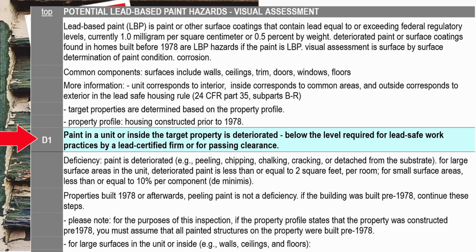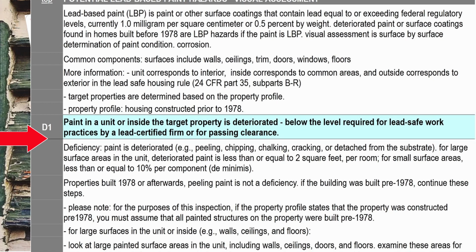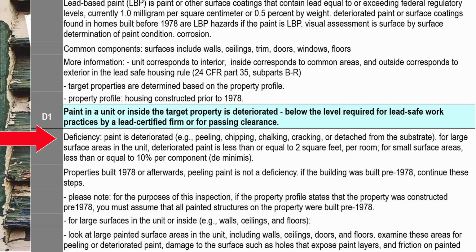Deficiency 1. Paint in a unit or inside the target property is deteriorated. It's below the level required for lead-safe work practices by a lead-certified firm or for passing clearance. So deficiency, paint is deteriorated, e.g., it's peeling, chipping, chalking, cracking, or detached from the substrate for large surfaces in the unit.